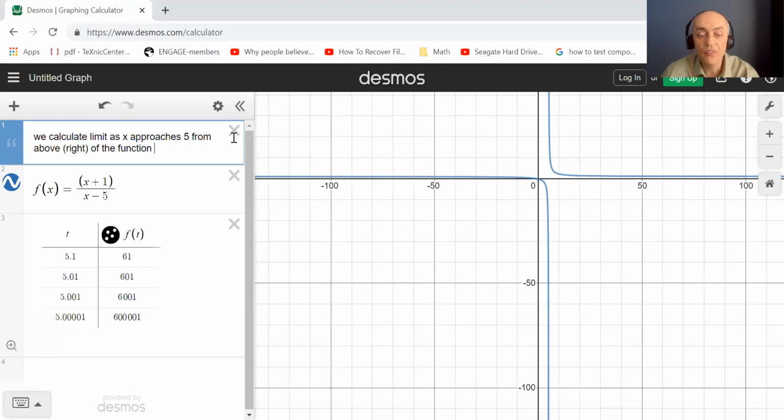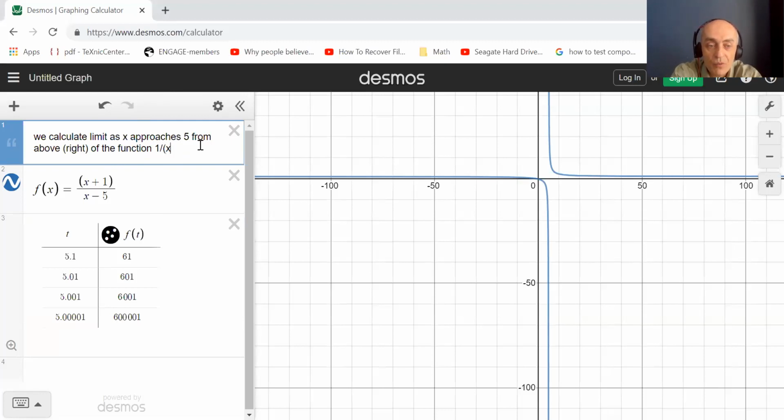The advantage of working with this software is that you can do the calculations for one function, and you can just change the formula, and you get automatically the calculations for another function. So in my case, I'm just going to say 1 over x in my notes.